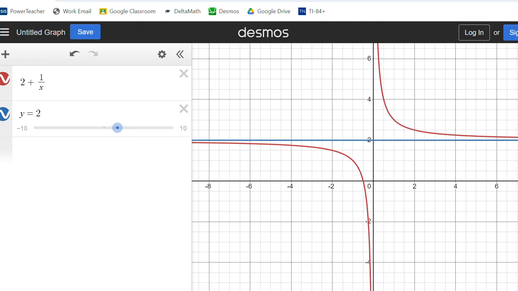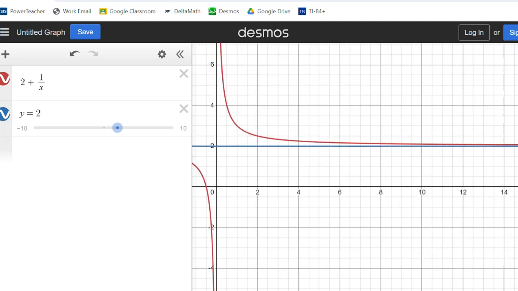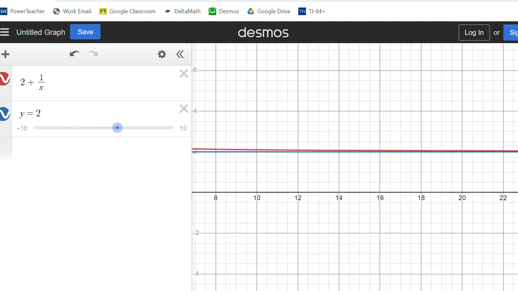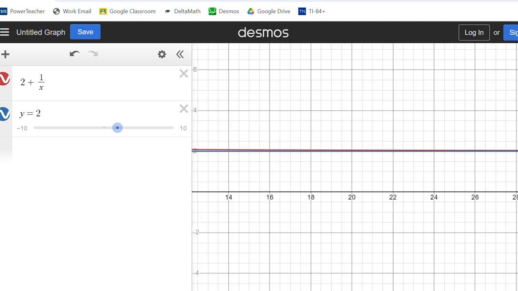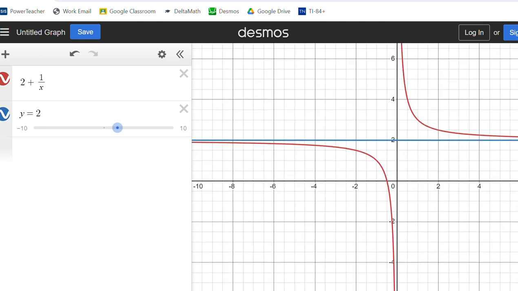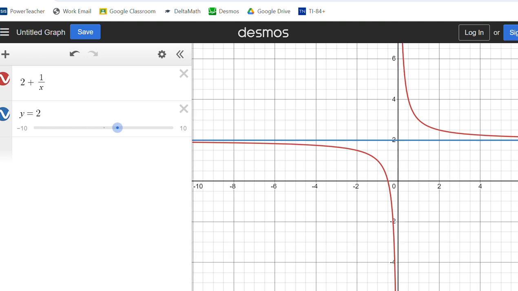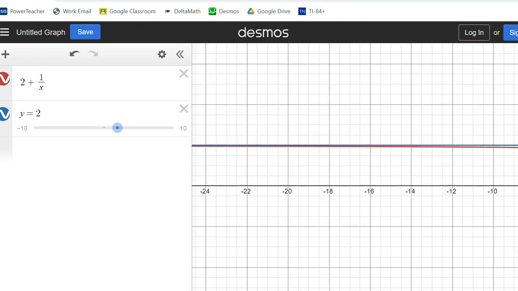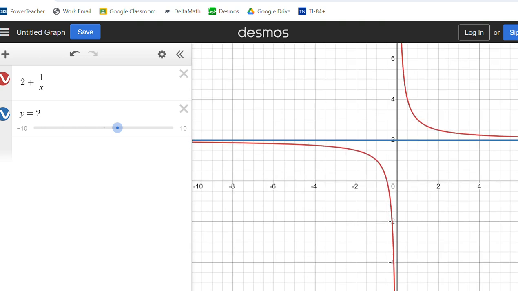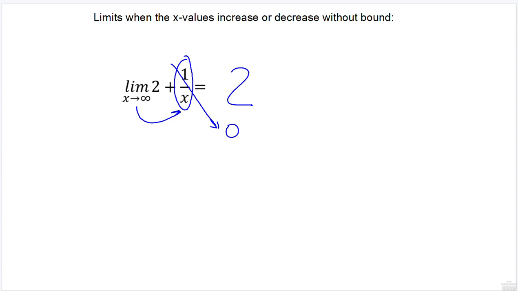And we could see that if I scroll over here, as I go towards infinity, as I get bigger and bigger and bigger, that function is going towards y equals 2. And in fact, it's actually doing the same thing on the other side. As x goes towards negative infinity, the exact same thing is happening. This function is still approaching a horizontal asymptote of 2. So that's what's going on here.